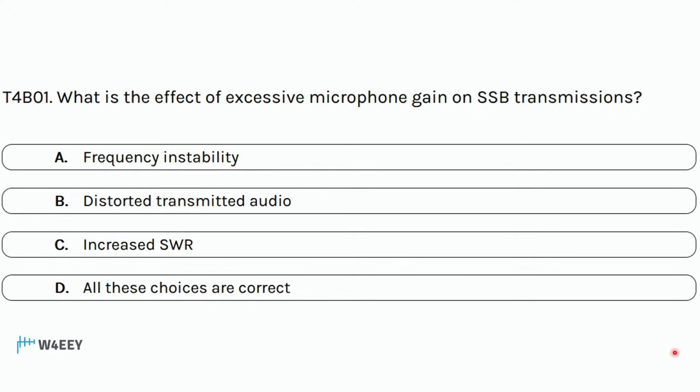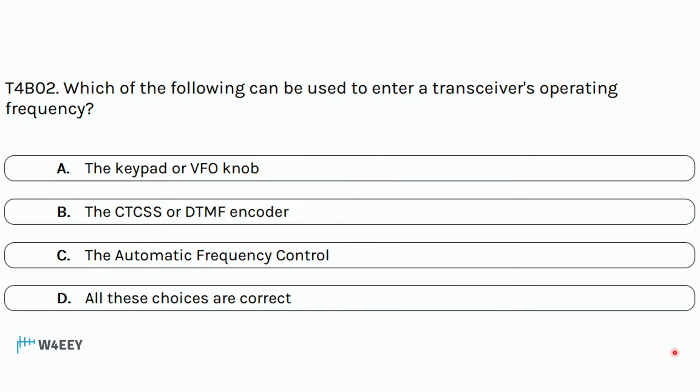You will get distorted audio, get people talking to you saying, hey, you sound awful, turn your gain down. So which of the following can be used to enter a transceiver's operating frequency? A, Alpha. Yes, so to change frequency, you could use the keypad or you could use the big knob.